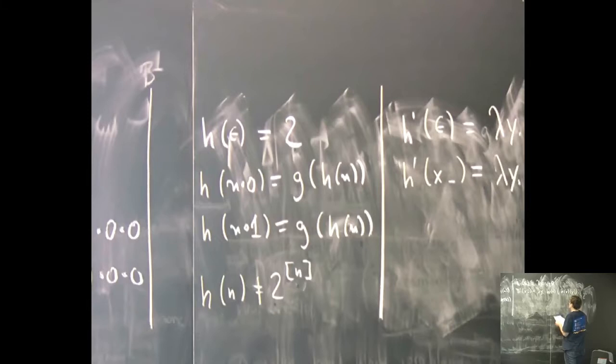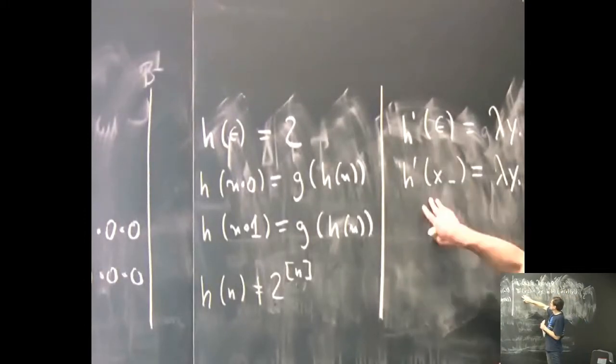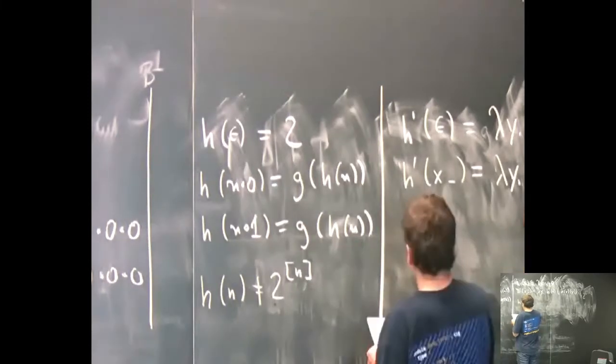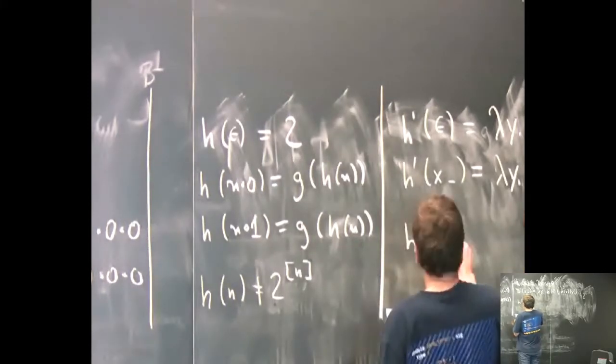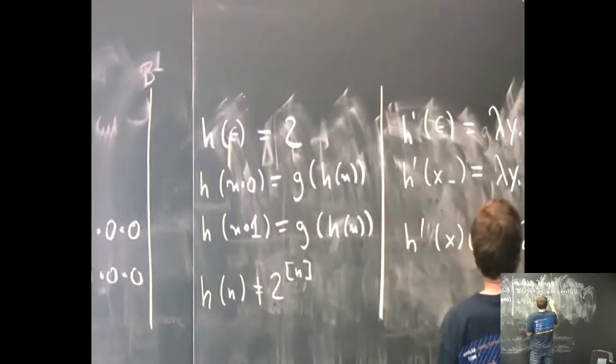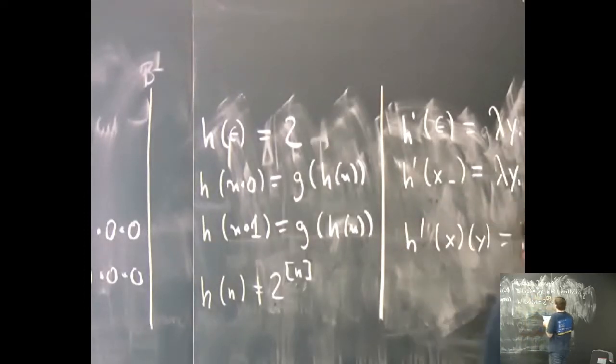I put more parentheses than I really need to. And those are h primes, yeah. These are recursive calls. So here we have an iteration which actually returns a function. And so now the claim, and this could be wrong again, is h of x, y equals 2 to the bracket x times y.